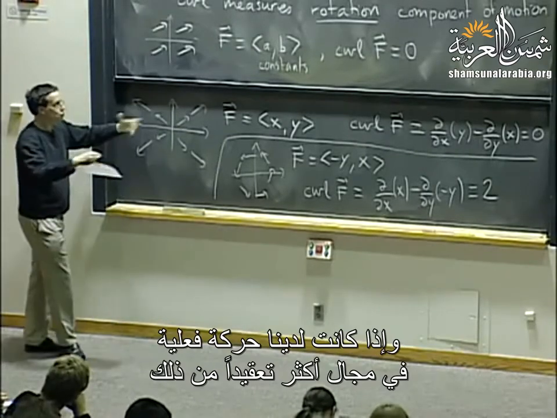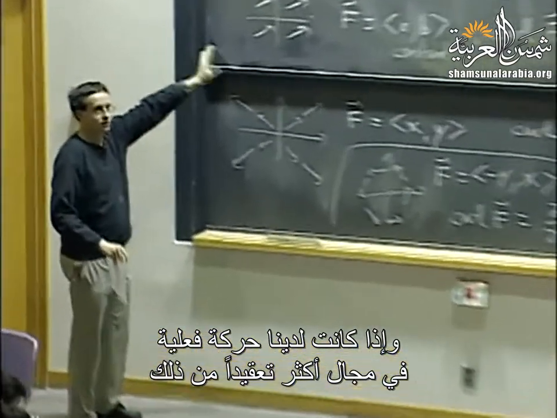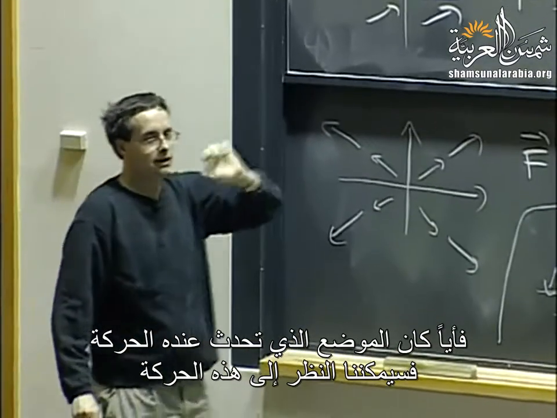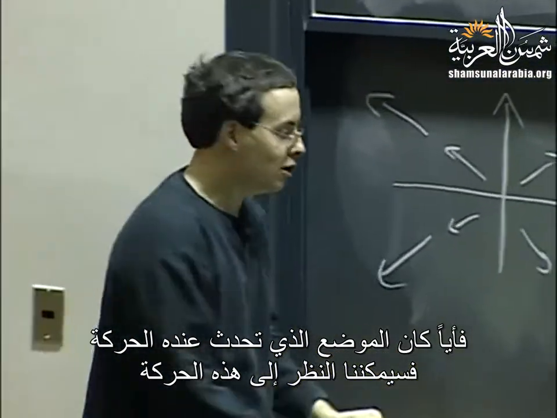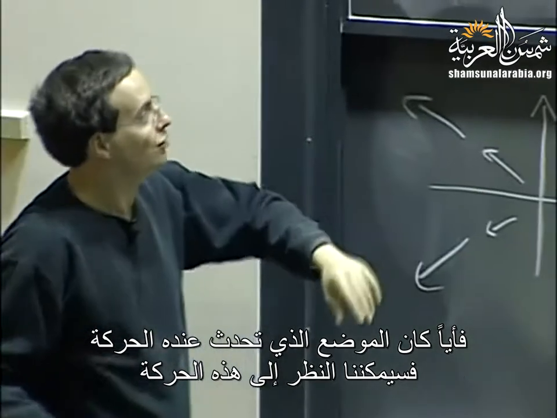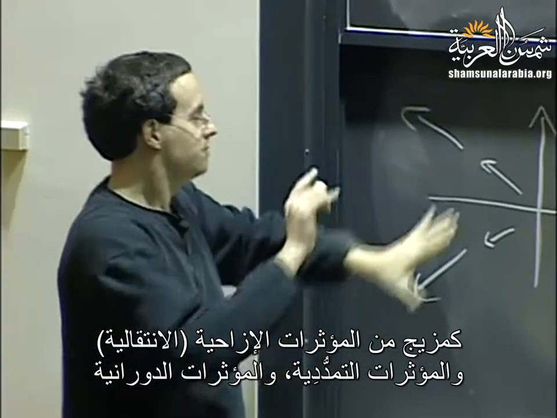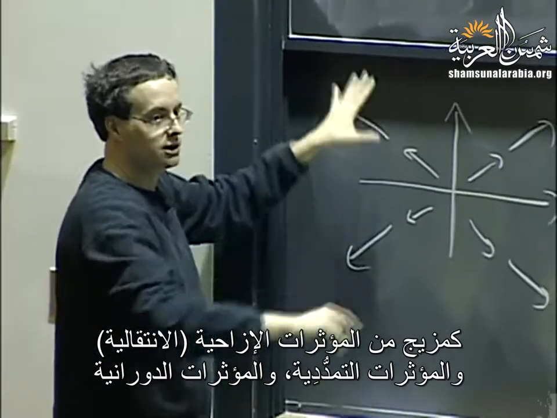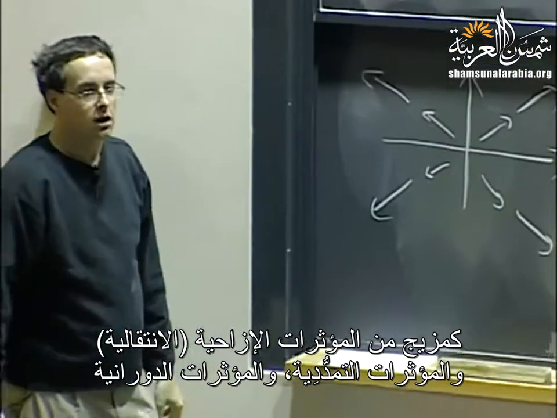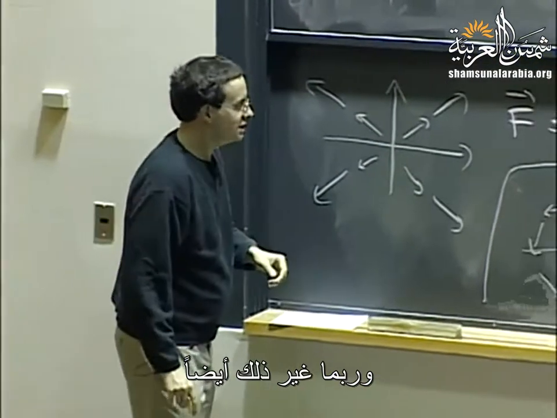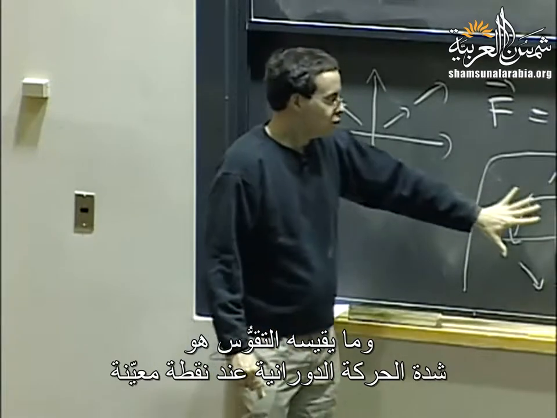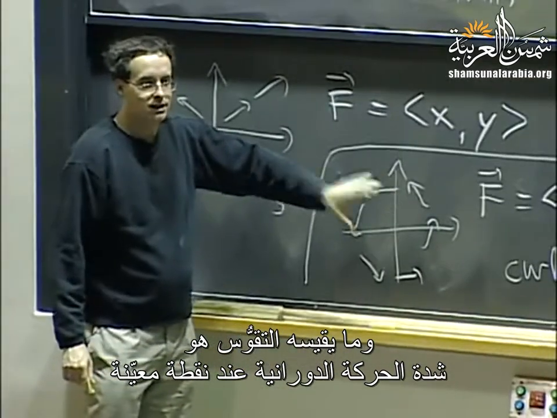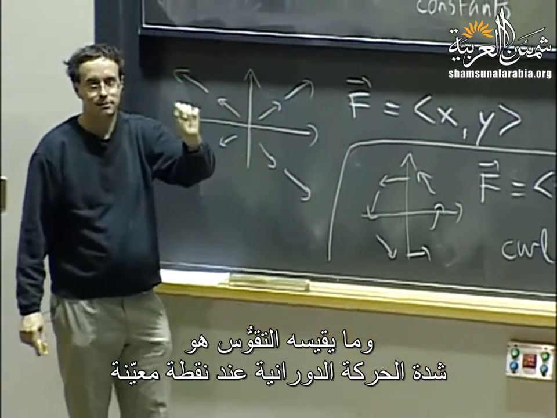Now if you have an actual motion, a more complicated field than these, then no matter where you are, you can think of the motion as a combination of translation effects, maybe dilation effects, maybe rotation effects, possibly other things like that. And what the curl will measure is how intense the rotation effect is at that particular point.